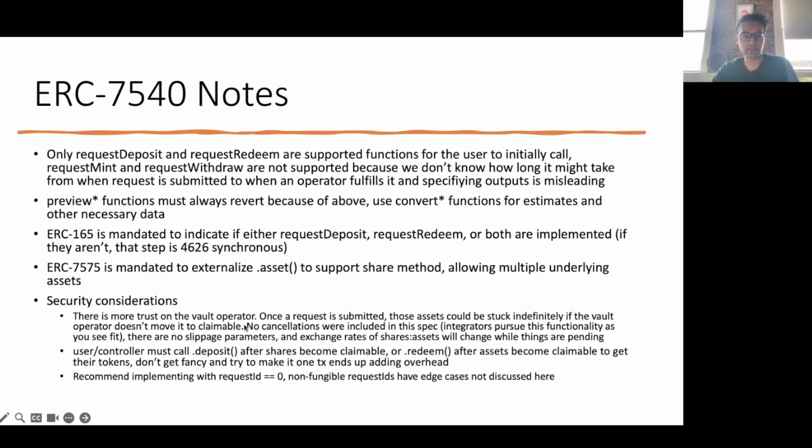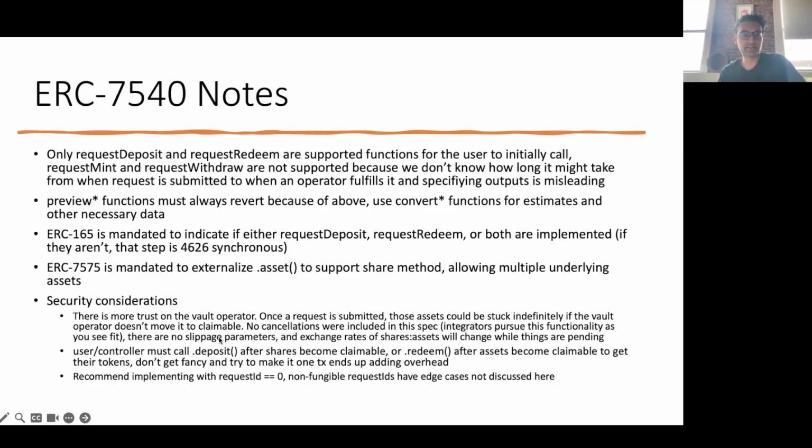You'll notice that we didn't include any cancellations in the spec. Obviously feel free to incorporate cancellations in whatever you write. But the reason it's not included is the asynchronous nature of those. Sometimes they could be fulfilled, and there are a bunch of edge cases, but it's definitely something that would be important because it could cause dead assets.